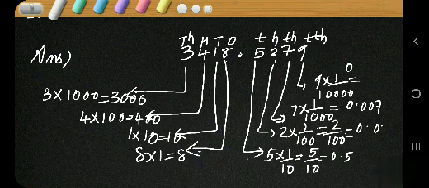The answer is 0.0009. Please write properly. Due to the lack of space, I am doing like this. You should write properly.